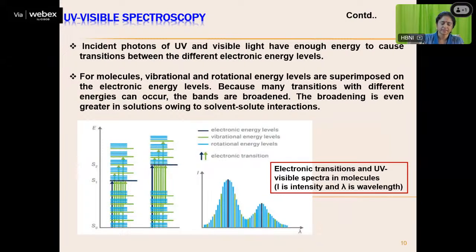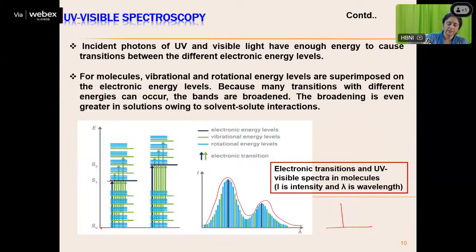What does this mean? Whenever you are looking into a molecule, if it is an electronic transition from ground state to excited state, then it should not be like a spectra, it should be a straight line, because it is happening between two states. However, instead of that, normally for UV visible spectra, we get a broad shape like this.